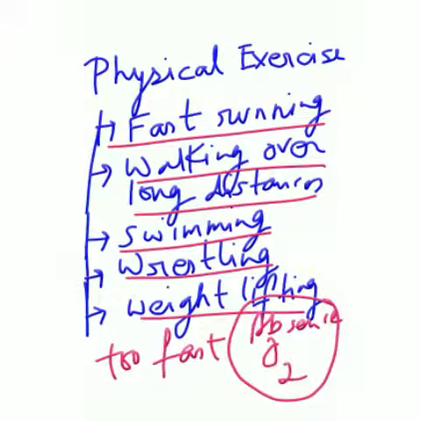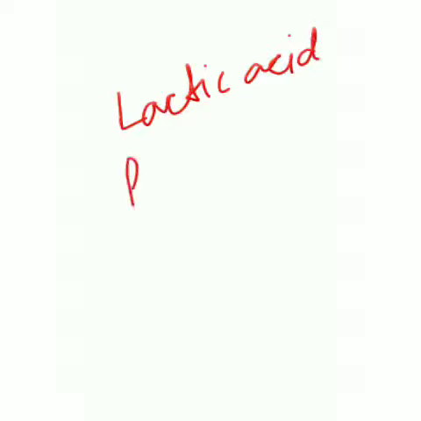So in this case, the product of anaerobic respiration in muscle is lactic acid. Which acid? Lactic acid. And due to accumulation of lactic acid, the person feels fatigue or pain as well on muscle.